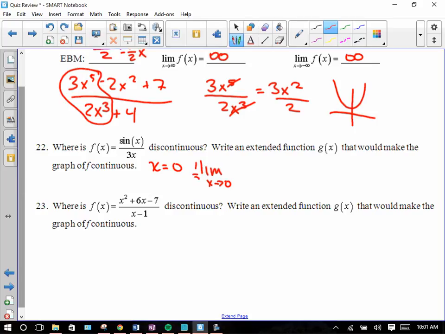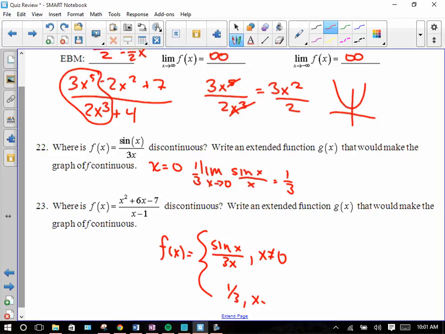So I have 1/3 times sin x over x. That's 1/3. Okay, so that tells me that my extended function there will be f of x is equal to sin of x over 3x when x is not equal to 0, and 1/3 when x is 0.